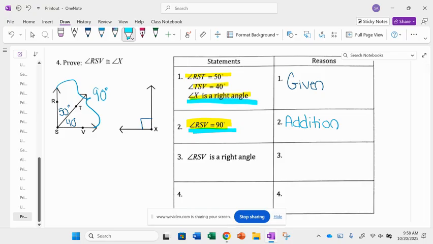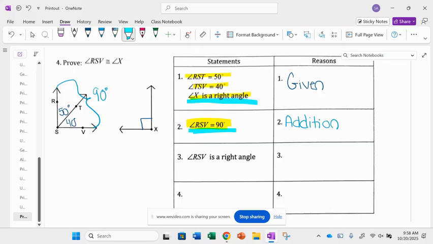Do we know that angle RSV and angle X are congruent? We know that a right angle and 90 degrees mean the same thing, but the reader doesn't know that. The reader sees that they're both written in different formats. Angle X is a right angle and angle RSV is 90. That doesn't look the same to the reader. So we have to tell the reader.